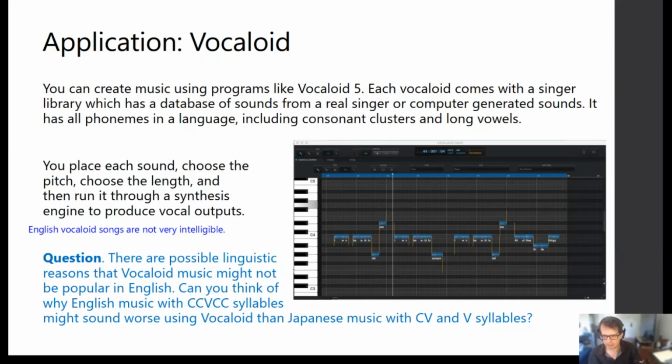Why do you think English Vocaloid or English digitized tracks with CC-VCC syllables, so very complicated syllables, aren't going to sound as intelligible as, say, Japanese Vocaloid songs, where Japanese only has like CV or V syllables, which are very simple syllables?